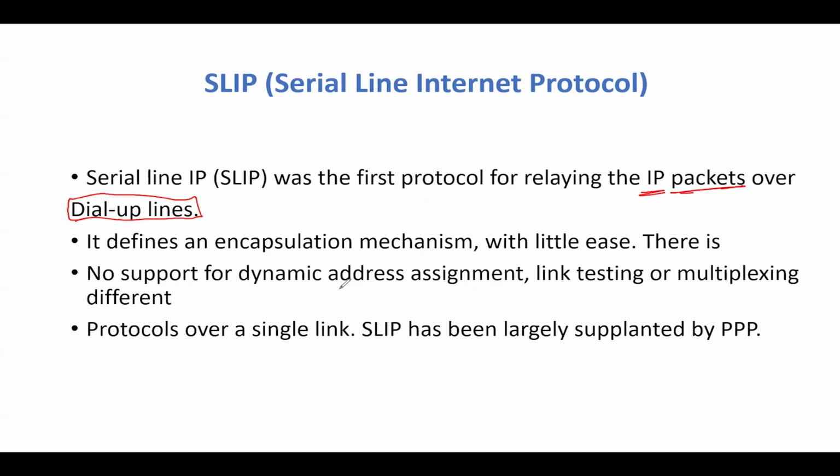There is no support for dynamic address assignment, as in you will have to have a connection predefined. If I'm going to transfer something, predefined communication has to have happened between them. You cannot say that while processing something, I'm going to communicate. Dynamic is nothing but something happening randomly at any moment of time. That is not possible using SLIP.